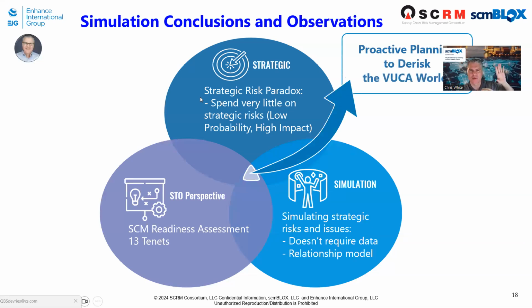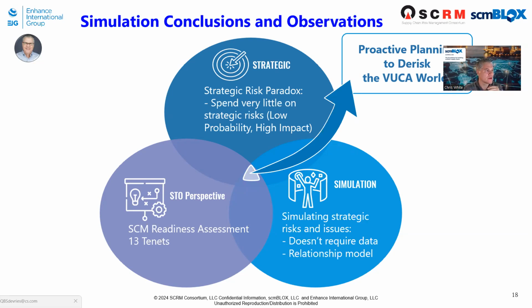The Supply Chain Risk Management Consortium did a study for that. We only spend 6% of our time looking at those. And so we want to begin to lift our heads, look longer term. And so we're going to use simulation, specifically structural simulation, to start to look at this. And in this VUCA world, all this volatility and uncertainty, it's even more important.